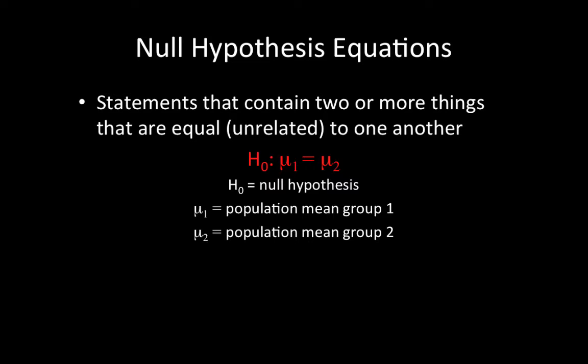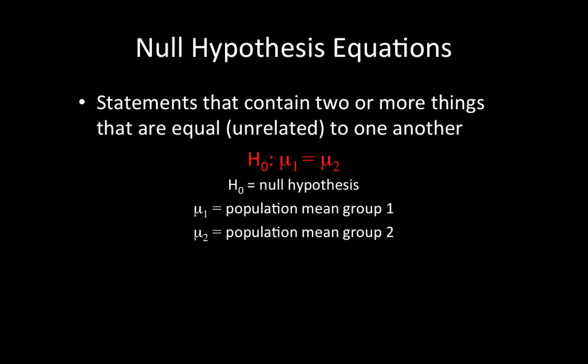Because we're looking at two different groups, and this is really just looking at difference tests specifically, this is going to be your equations for difference tests when we're looking at two or more groups. So in this case, we're looking at two groups.